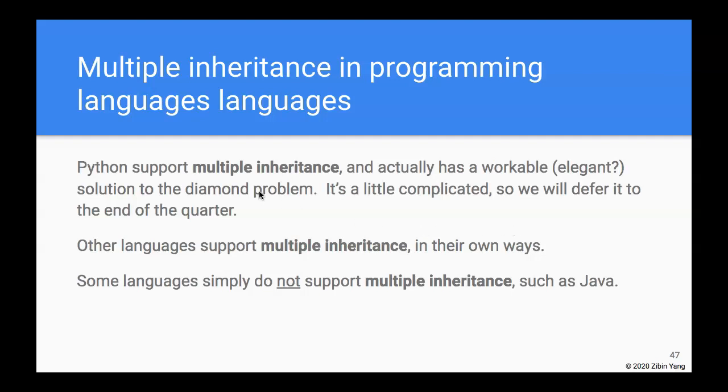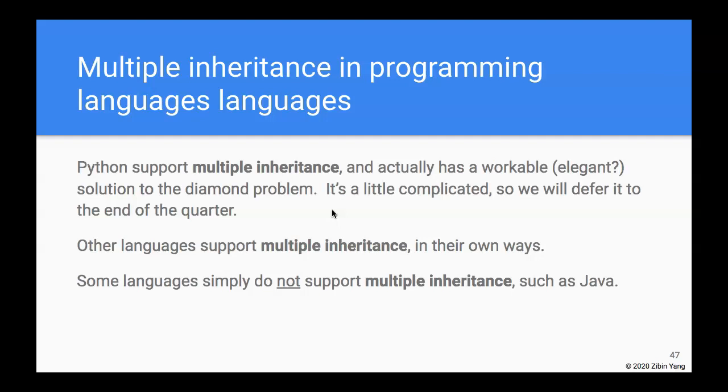Now, Python supports multiple inheritance, and it actually has a pretty elegant solution, I would call it, to the diamond problem. Now, it is a little complicated, so we are not going to talk about it now. We'll wait until towards the end of the quarter to introduce that concept. And again, it has something to do with MRO.